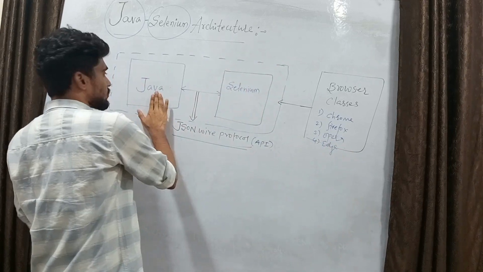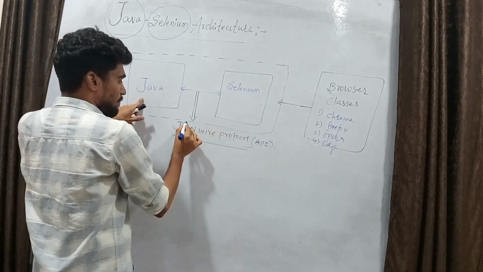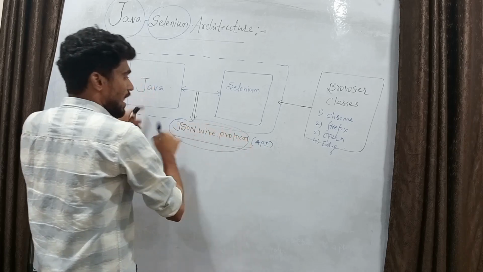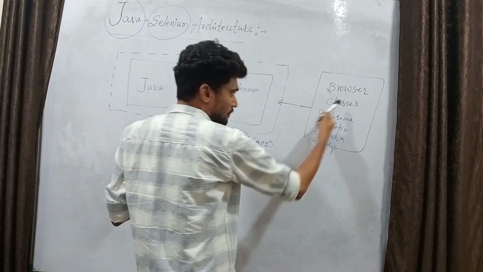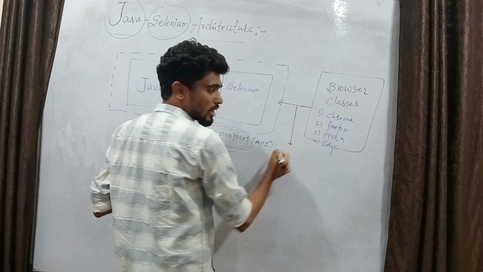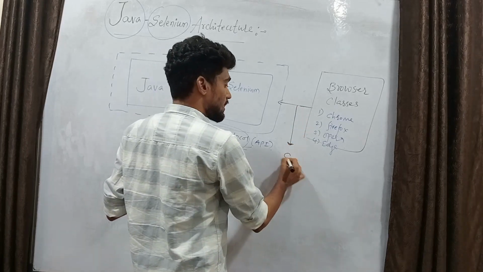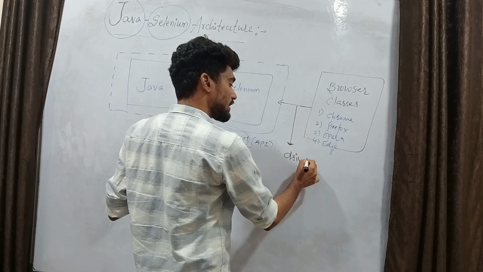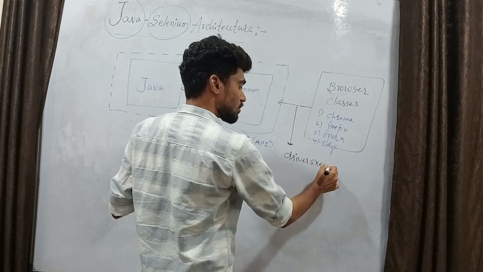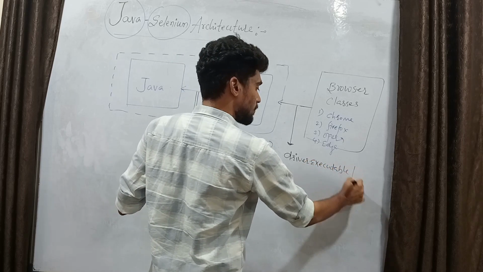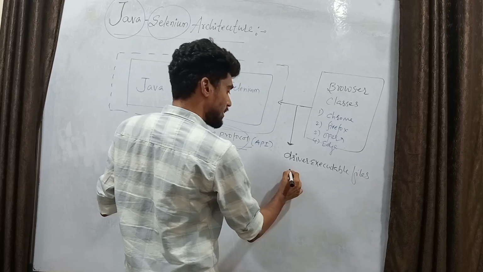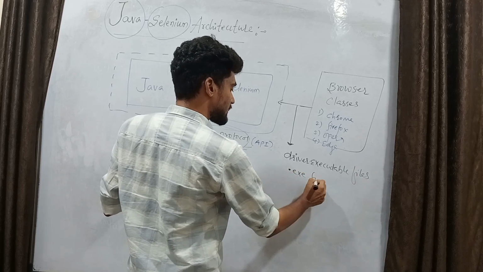Okay now. So first Java will communicate with Selenium by using JSON wire protocol, and combinedly they will communicate with the browser classes by using driver executable files. It is also called .exe files, guys.